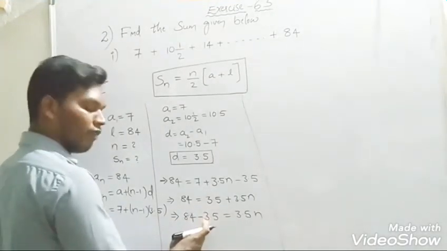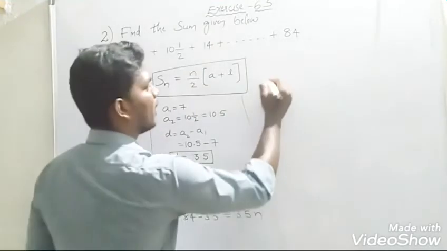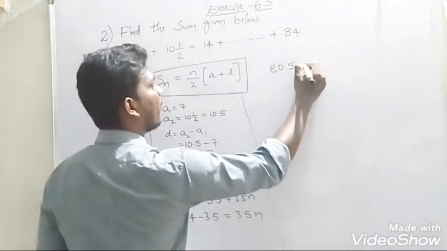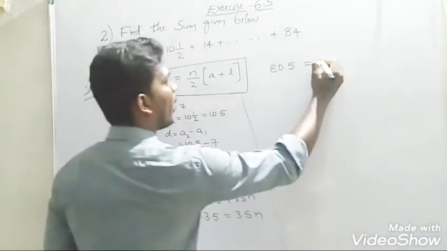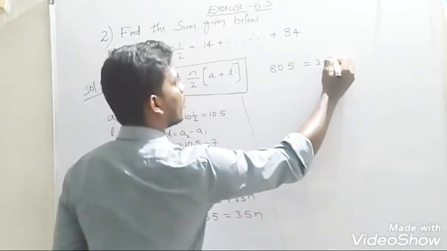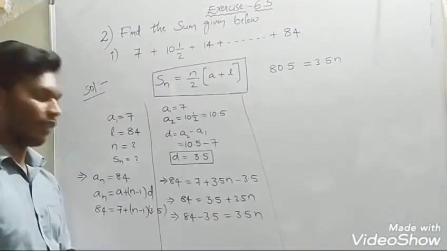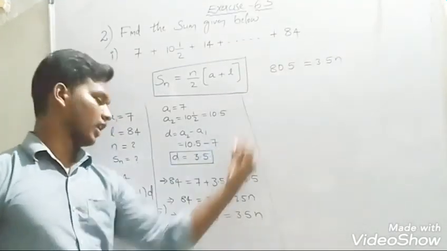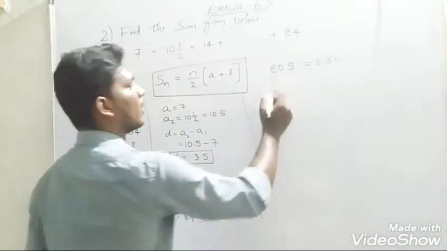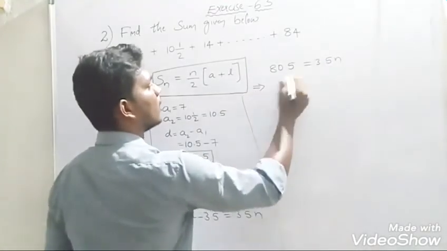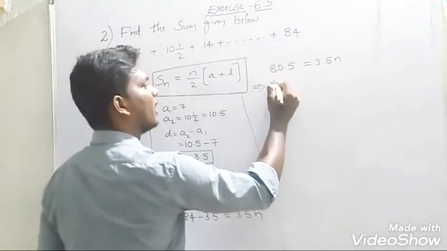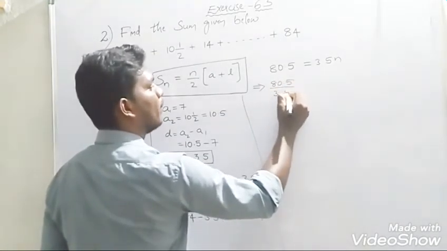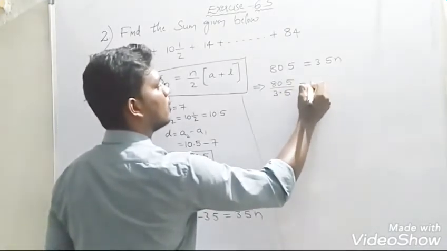What is the value of 84 minus 3.5, friends? It will be 80.5, right? 80.5 is equal to 3.5n. Okay friends, 84 minus 3.5 will be 80.5. We have 3.5n, so that implies, whenever bringing 3.5 to this side, it becomes 80.5 divided by 3.5 is equal to n.